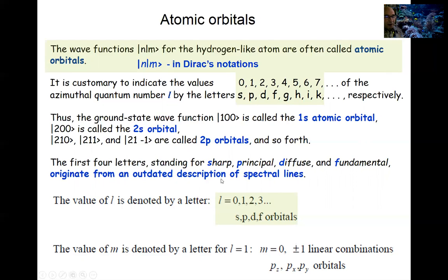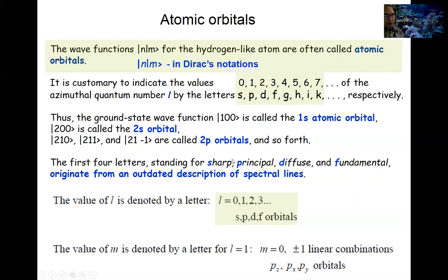They come from the old-fashioned and outdated description of spectral lines, which I was just showing before. S stands for sharp, P for principal, D for diffuse, and F for fundamental. This is a very curious historical thing about where this spdf actually comes from.